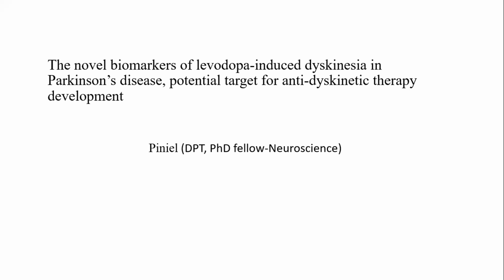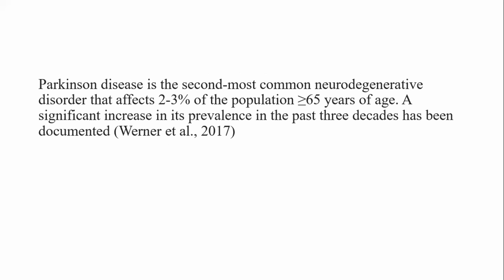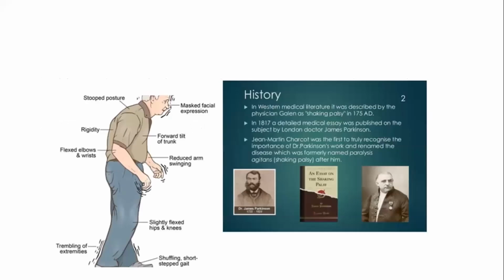For the sake of this presentation and this research fellowship, I'll be talking about Parkinson's disease, and the topic I've come with is novel biomarkers of levodopa-induced dyskinesia in Parkinson's disease, a potential target for anti-dyskinetic therapy development. PD is the second most common neurodegenerative disease, affecting 2 to 3% of the old population, and it is estimated that this might increase in the future.